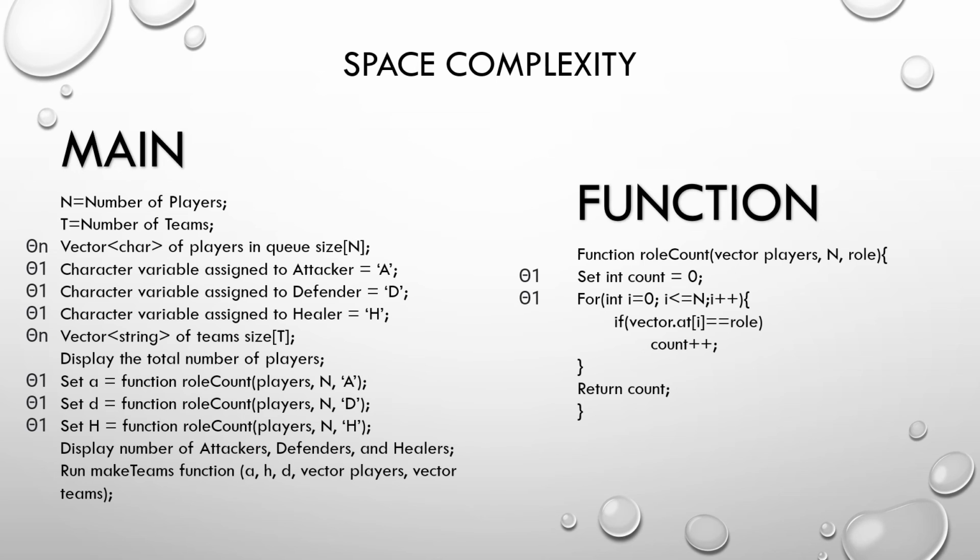Then we're going to have another vector, which is also going to be a theta n that's being set, and then we're going to be setting a, d, and h in this case, so those are all going to be set to a constant value. Then we're going to look at our function, which sets count here, which is a theta 1, and then we have setting i here, which is a theta 1.